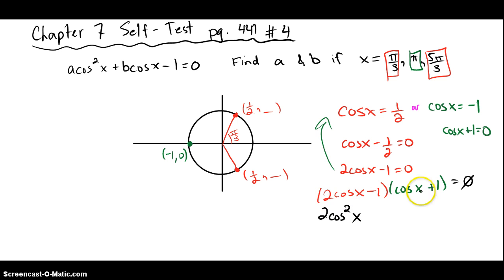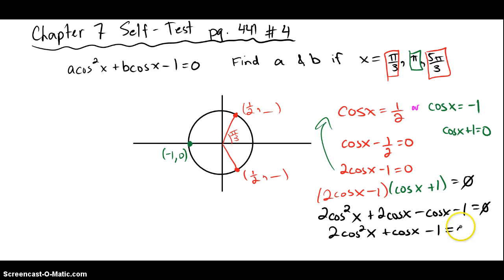Then I multiply these two, plus 2 cos x minus cos x minus 1 equals 0. So I get 2 cos squared x plus cos x minus 1 equals 0.